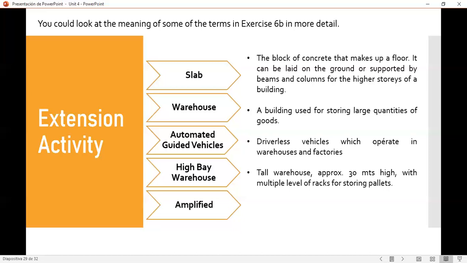And finally, you got amplified. Well, amplify, I understand it like amplifying the electrical signal, the electrical signal in current or in electronic devices.